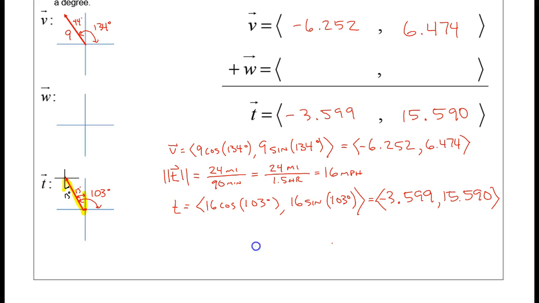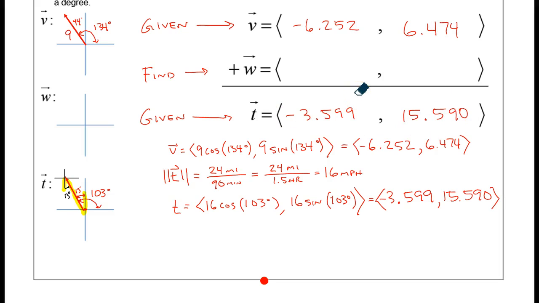Okay, so what do we have? Well, we have that this was given. That is the bearing, the velocity vector that Sasquatch took when he left Yeti Bay, and this is also given. That's the true velocity vector that would get him to his location after 90 minutes. So what do we have to find? Well, what's left? We have to find the water current that changed this vector into this one.